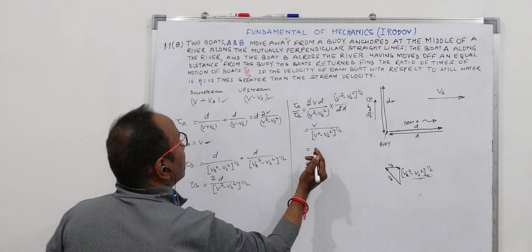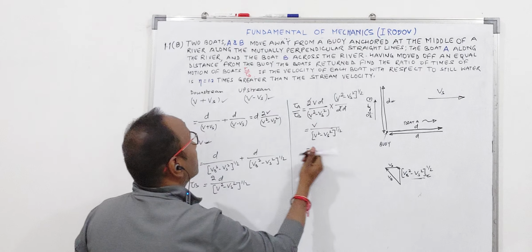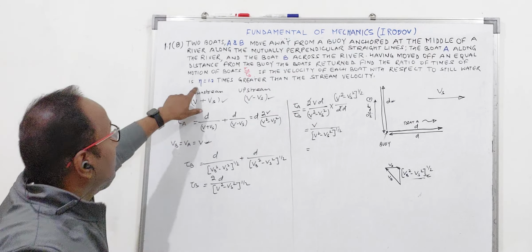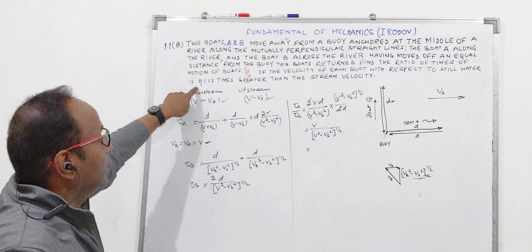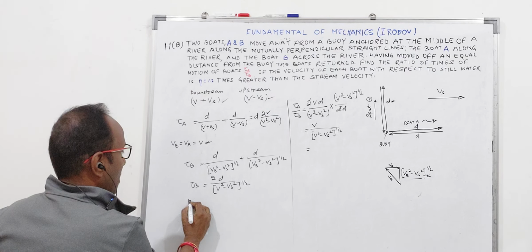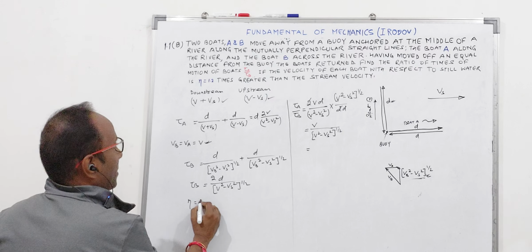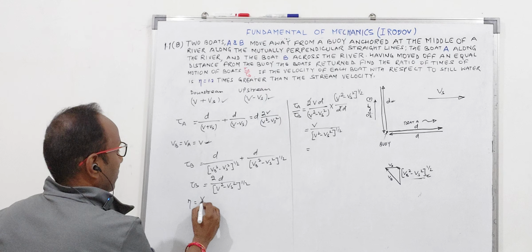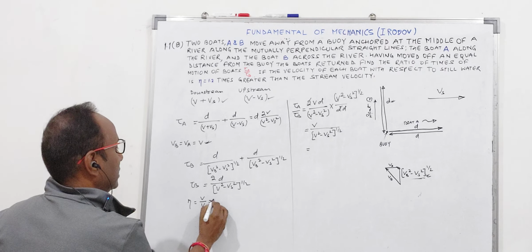Now divide it with Vs, the stream velocity. Why? Because it is given that n is equal to V by Vs, that is 1.2.